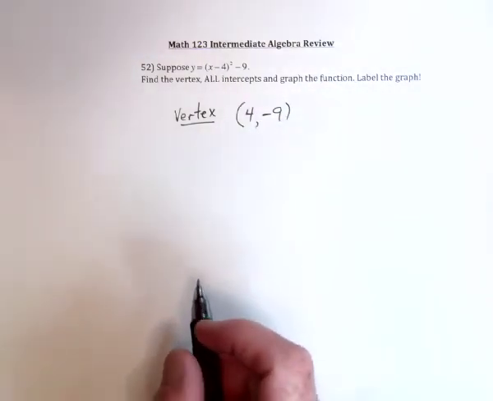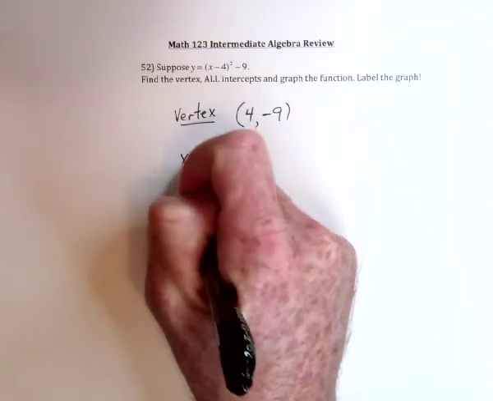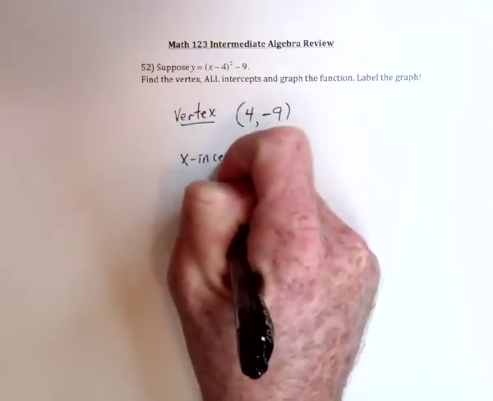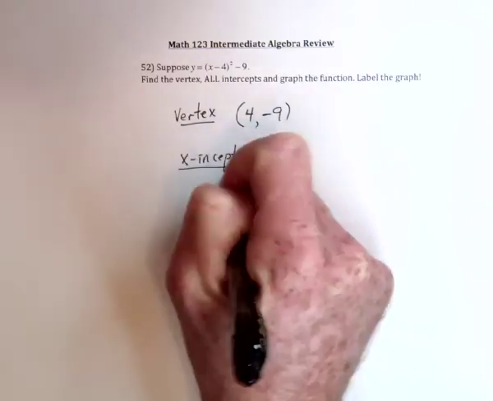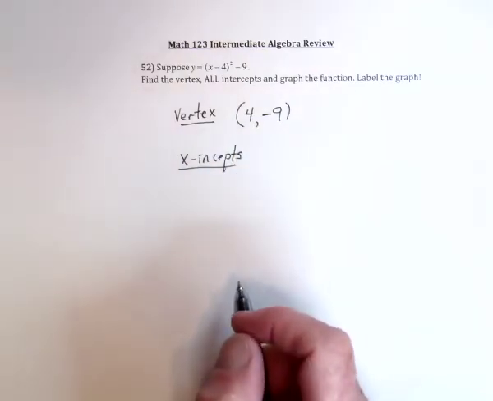To find out the intercepts, well, there can be x-intercepts. In order to find out where those could be, you set y equal to 0.